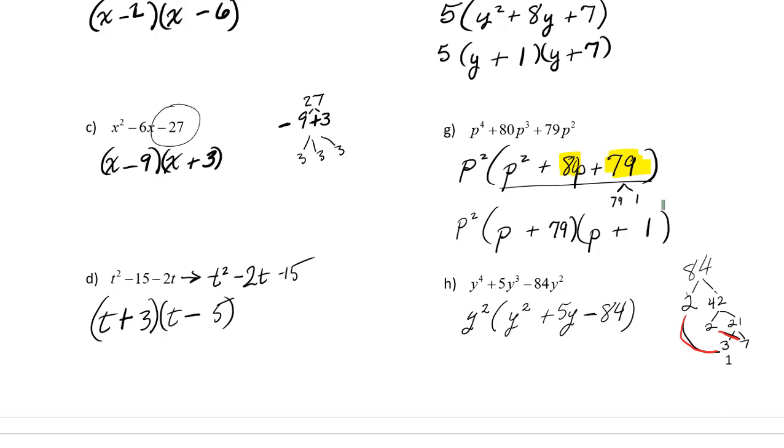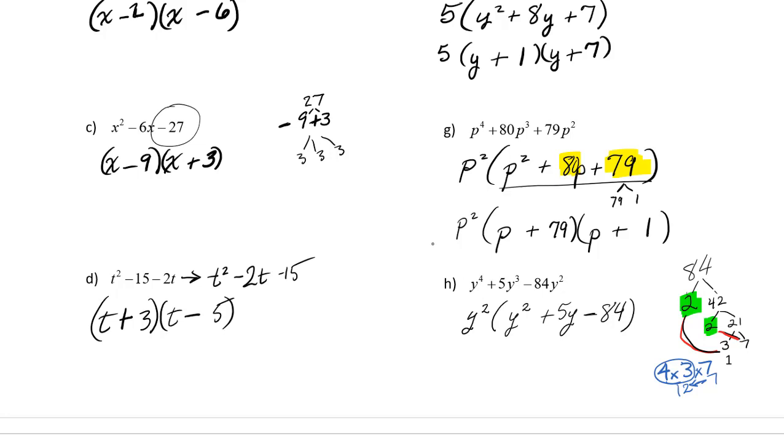So I need to rethink what numbers I need to rearrange. So what about if I were to combine the 2's together? Those 2's would be 4. So I know that 4 times 3 times 7 will give me 84. So let's see if I were to multiply the 4 and the 3 together. That would be 12. Let's compare that with 7. That does give me a difference of 5.